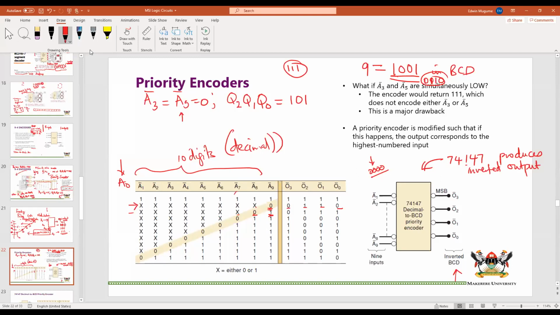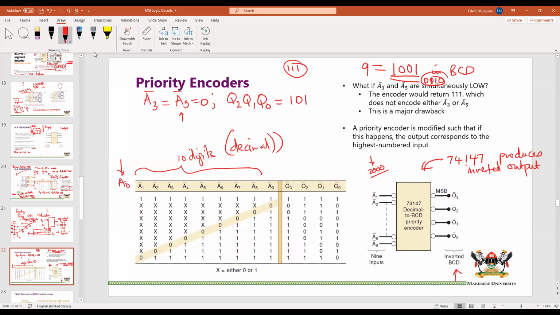If we are looking at A7, when it is 0, A8 and A9 need to be 1, but the lower ones we do not really care. So this is a priority encoder where we realize that as long as you have more than one input that is active low, or in its active state, the output will correspond to the code of the highest input.